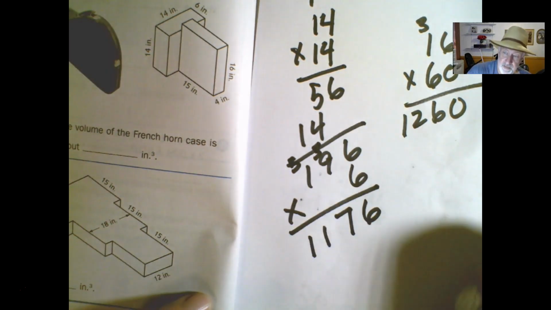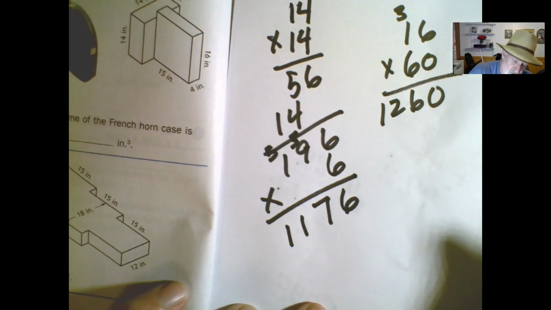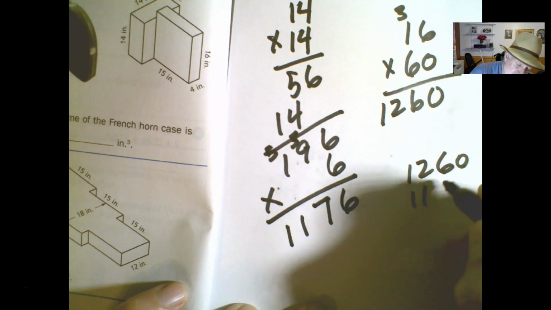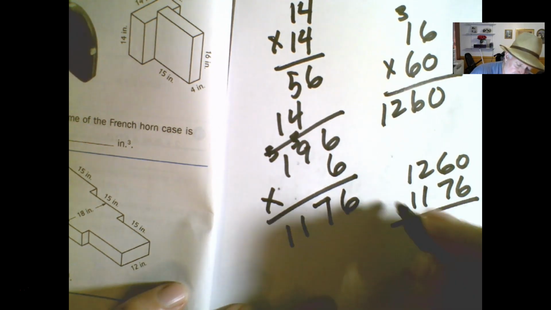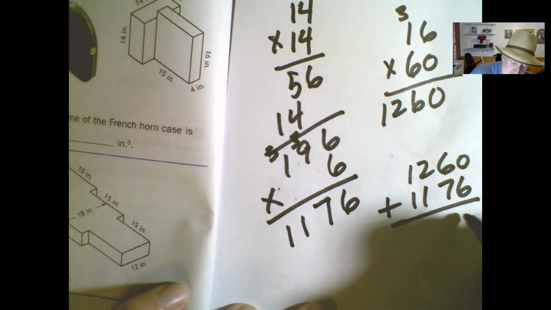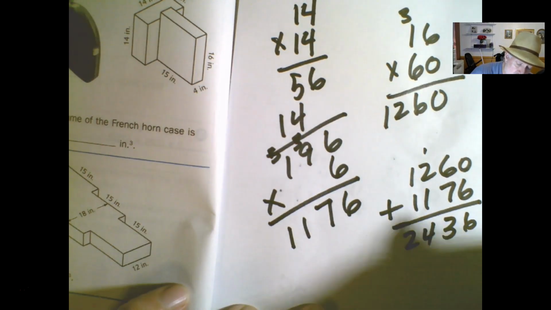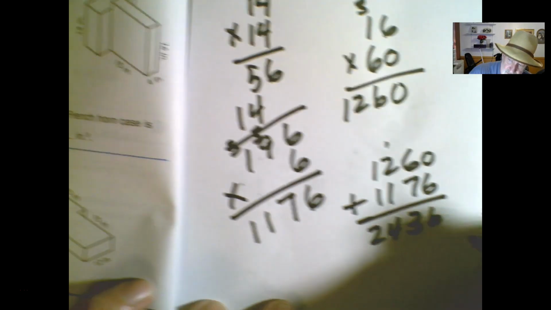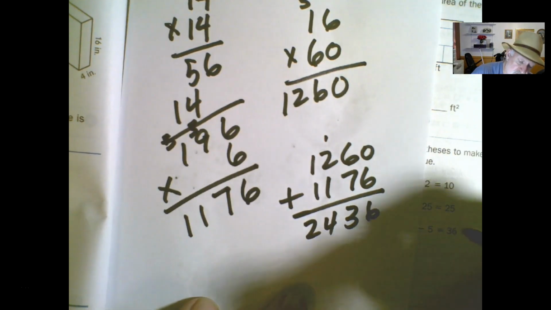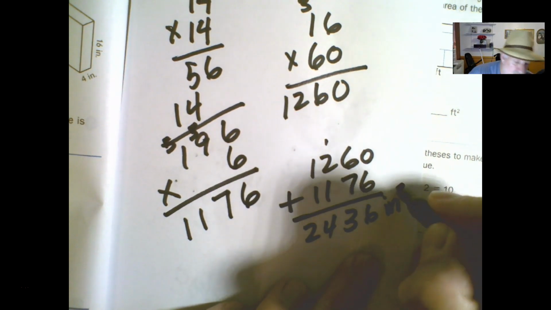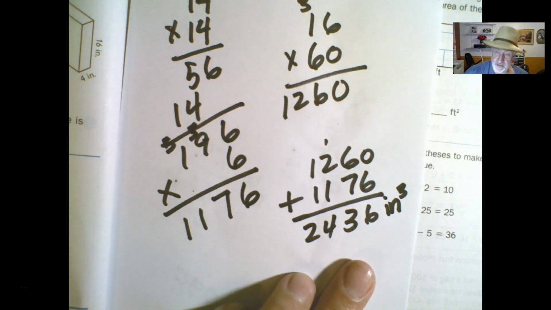Now I just have to take both of those volumes, 1260, 1176, add them together, and I get an answer of 2,436, again, cubic inches. So there we have number 2.